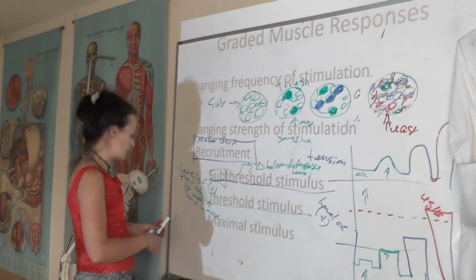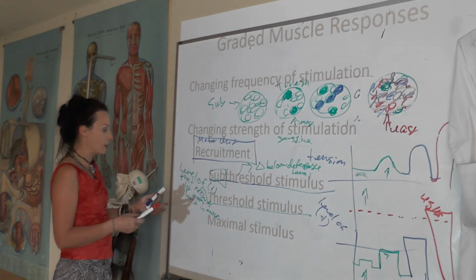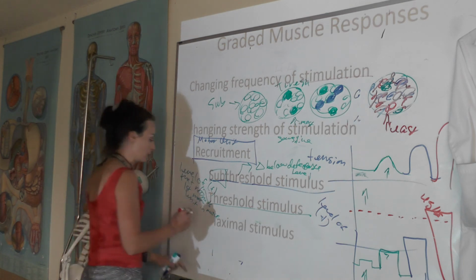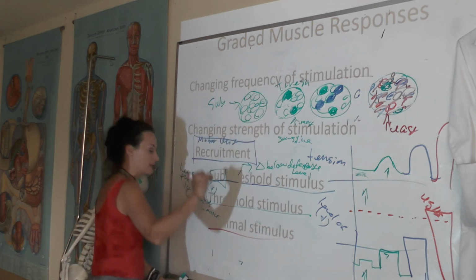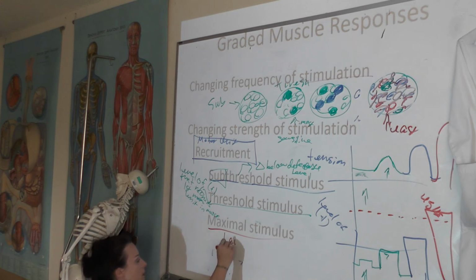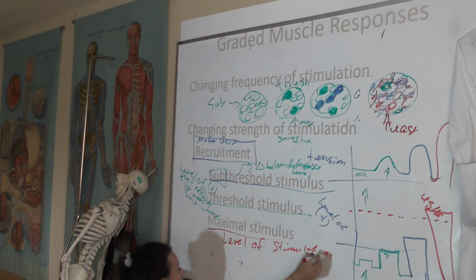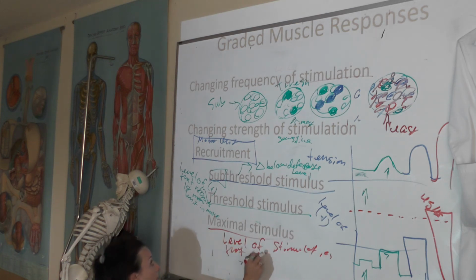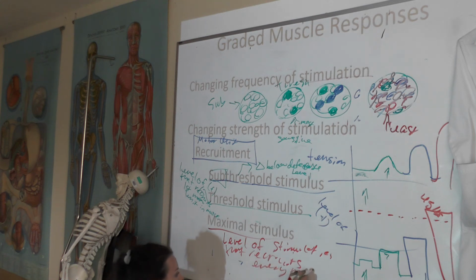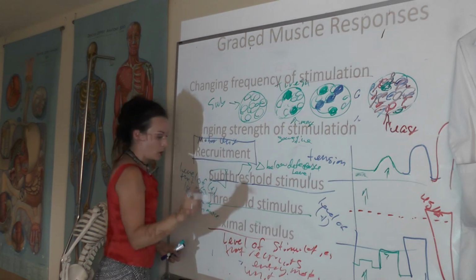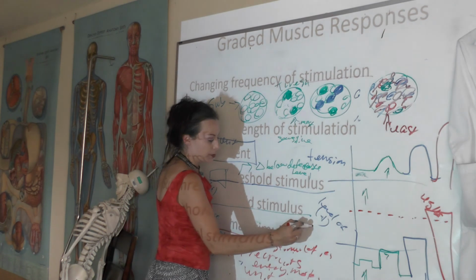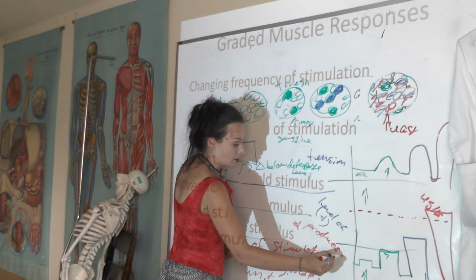So the maximal stimulus is the level of stimulation that recruits every motor unit in the muscle, and we produce the most tension the muscle can do. So the level of stimulation that recruits every motor unit in the muscle will produce our maximum tension.